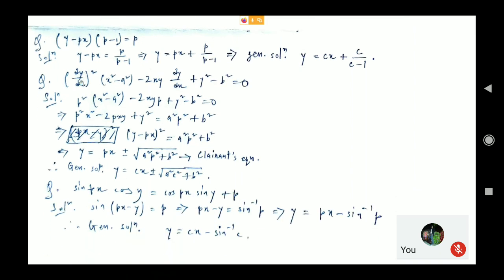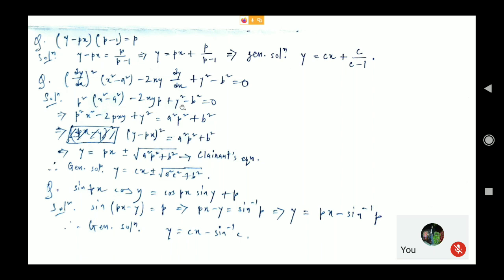Another example you see, dy by dx whole square minus this and this. So here, directly you will not always understand which form this is in, then you can check one by one. So obviously it is first order, but not first degree because of the presence of higher power of p.